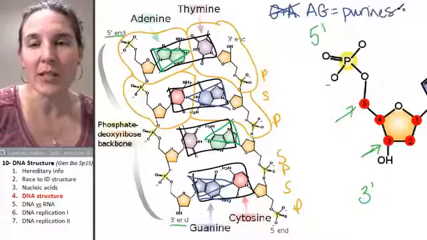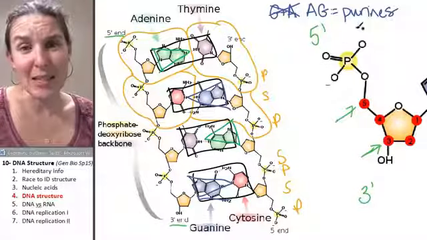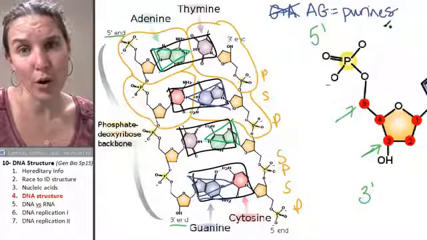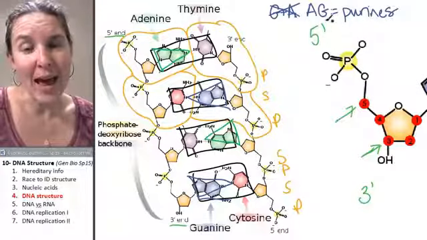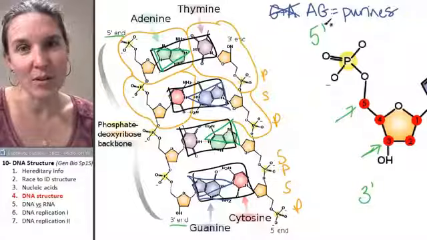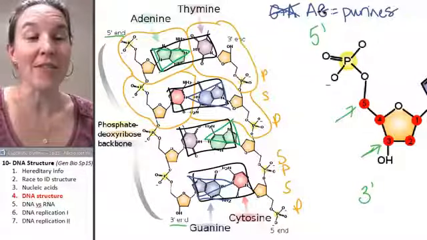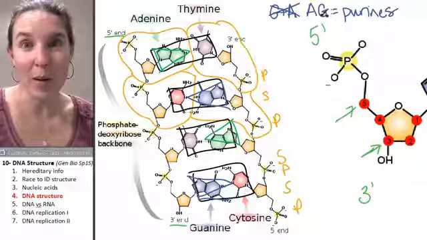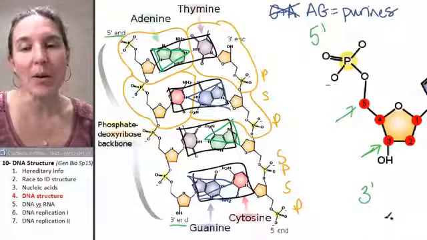Do you want to hear my crazy way of remembering this? Big bases have a short word, and cows are big, and AG makes me think of cows. I am not joking you. I have to think that every time to remember who are my purines and who are my pyrimidines.